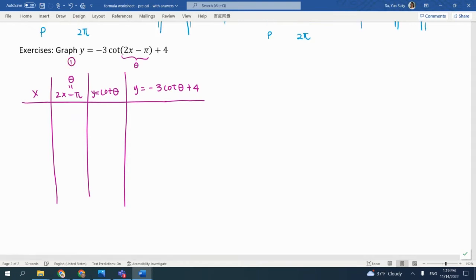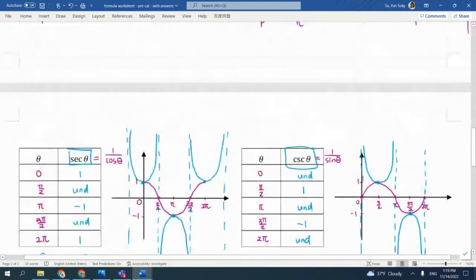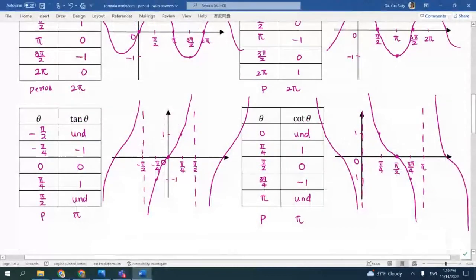Well, the first step, you fill in the values in the theta column. Right, everybody? This is about cotangent. Then you look at cotangent. What are the 5 key points? They are 0, pi over 4, pi over 2, 3 pi over 4, and pi. Yes? So this is how you use it.